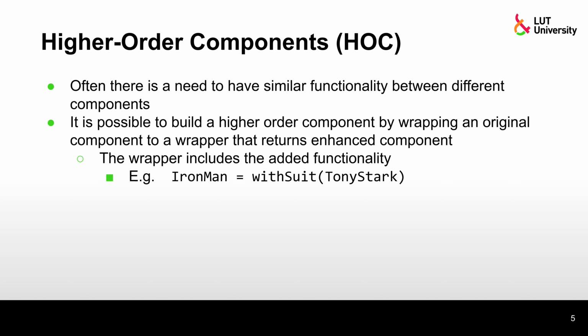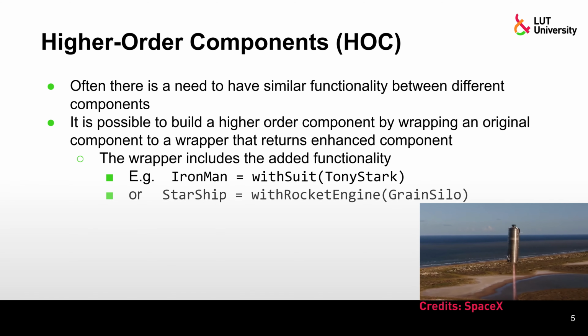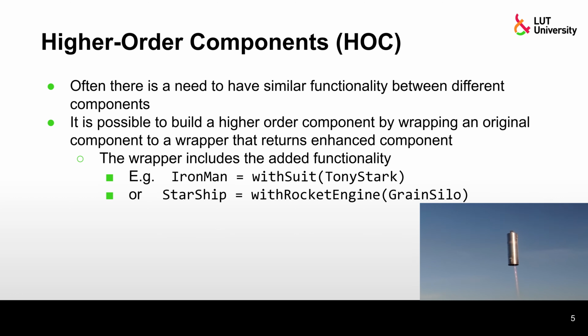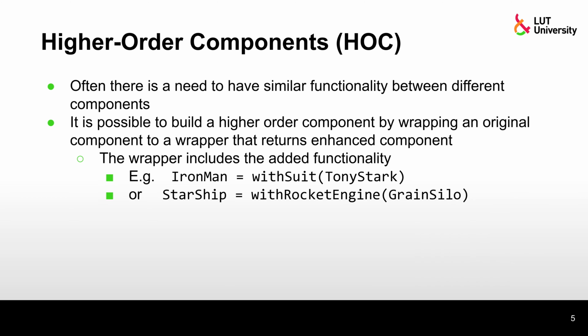So this wrapper is this suit that we are building. Or we could think about this like SpaceX is doing Starship. They have this crane silo, and they are putting rocket engines to the bottom of the silo, and then you get Starship out of that.